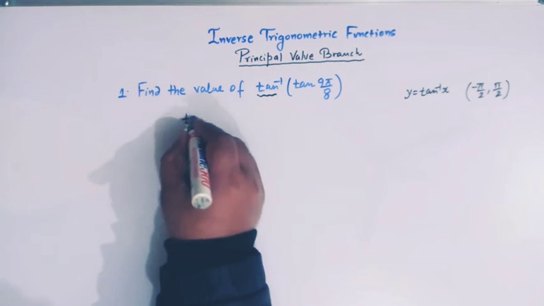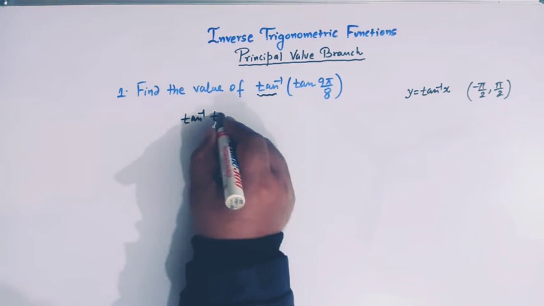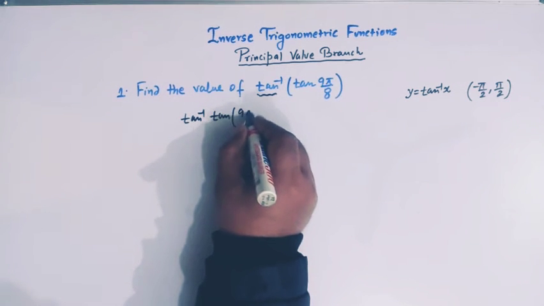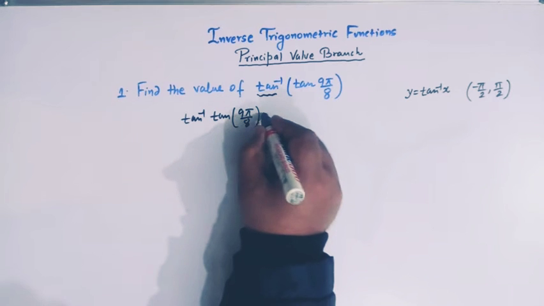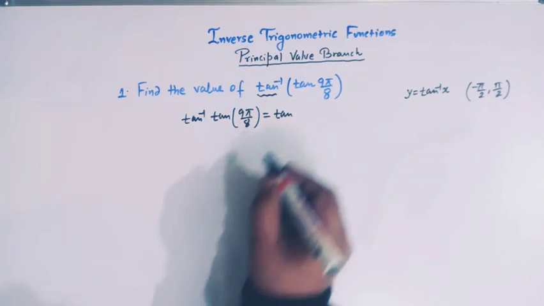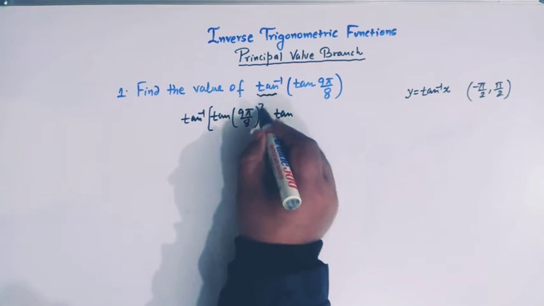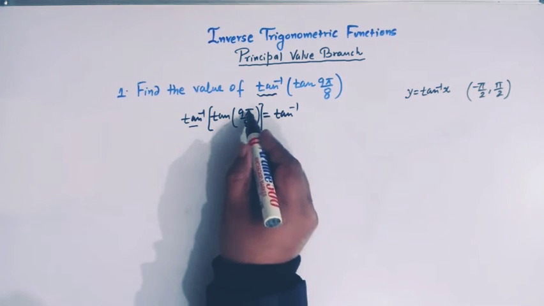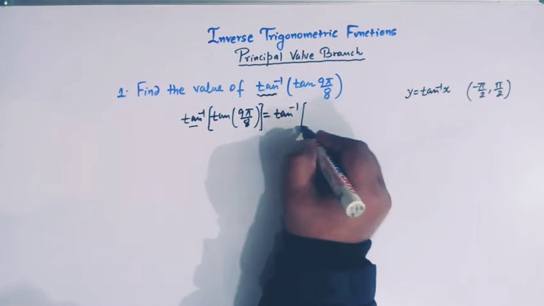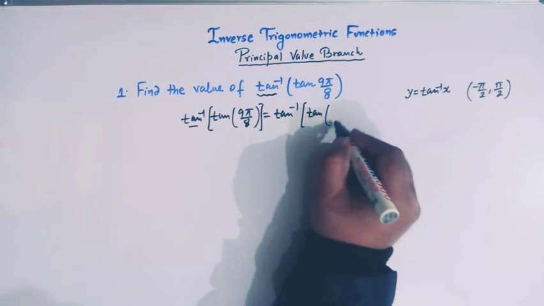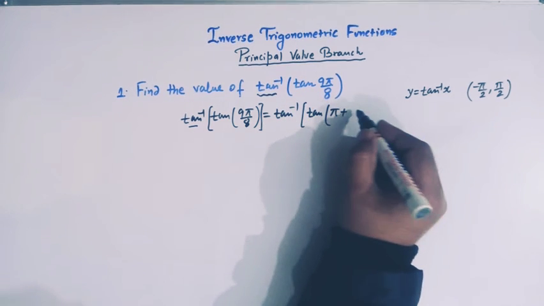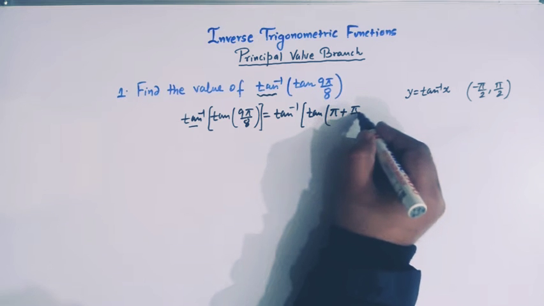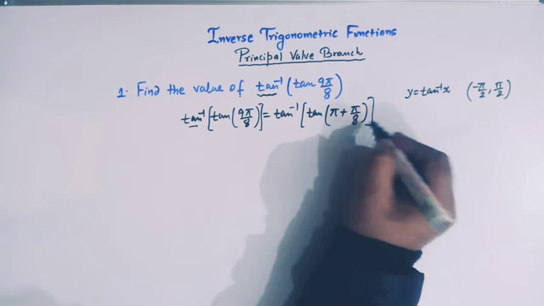We can write tan inverse tan 9 pi by 8 as tan inverse, and tan 9 pi by 8 can be written as tan of pi plus pi by 8.